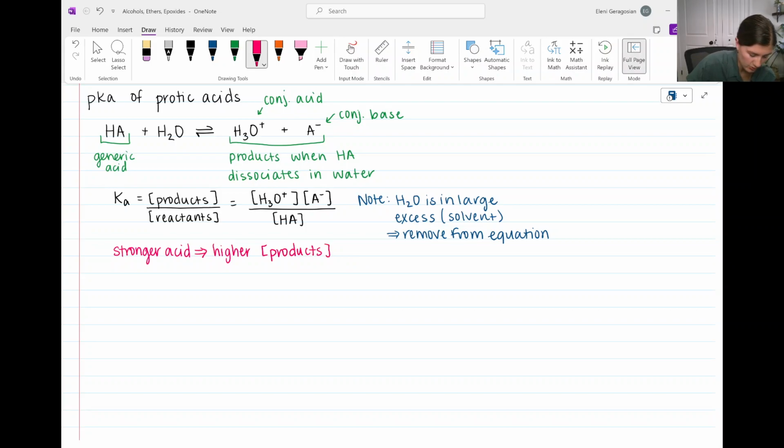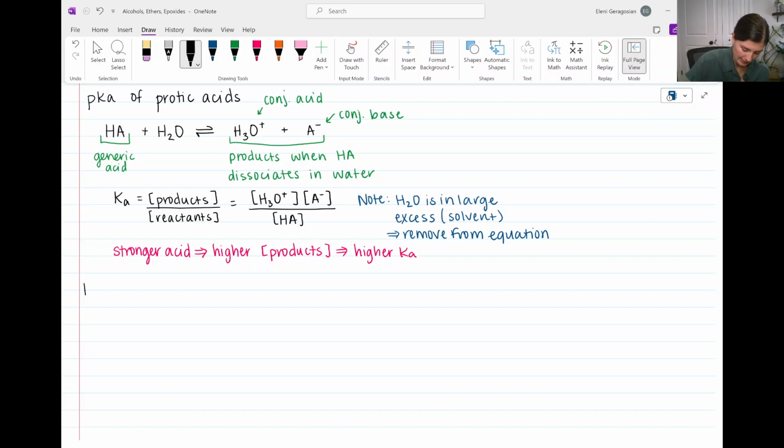So higher concentration of products, higher Ka as a result, because we have a higher value in the numerator, concentration of H3O plus and A minus. So that's how we calculate Ka. It's a relationship between stronger acids, they have a higher Ka.